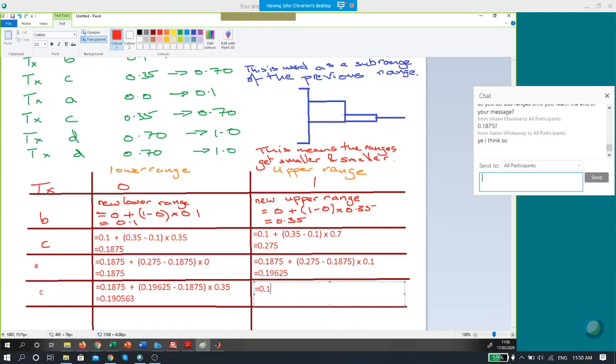Right, so it's 0.1875 plus, and then we've got the previous values, 0.19625 minus 0.1875 times, and then the upper value for C, which is 0.7. And that should come out to 0.193625.